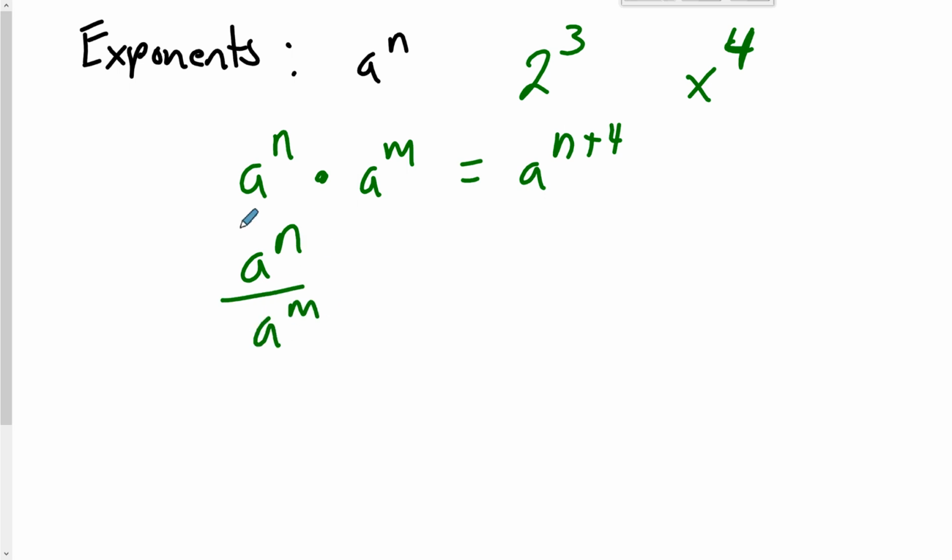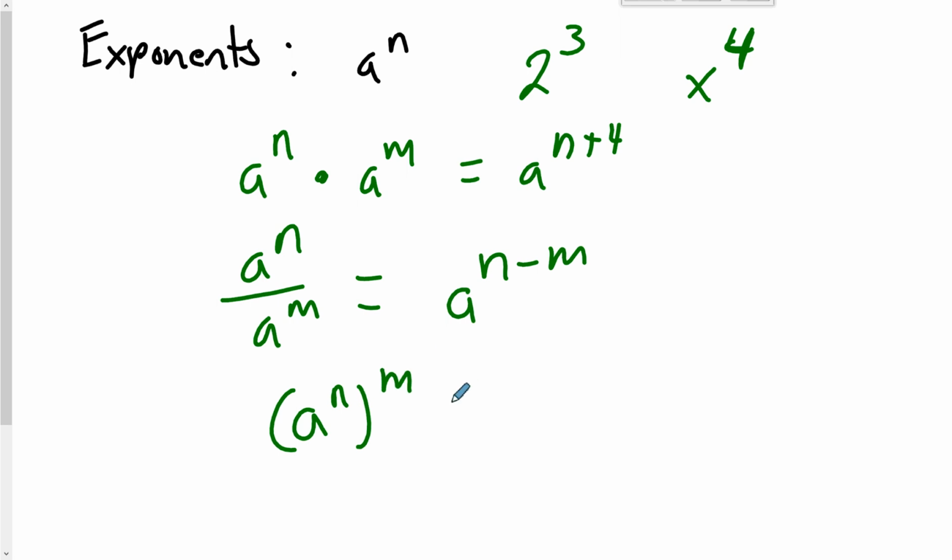Notice the base is both a. So then we subtract when we divide, and add when we multiply. When we raise powers to powers, we multiply the exponents. And whenever we have a negative exponent, we can rewrite that as a fraction.